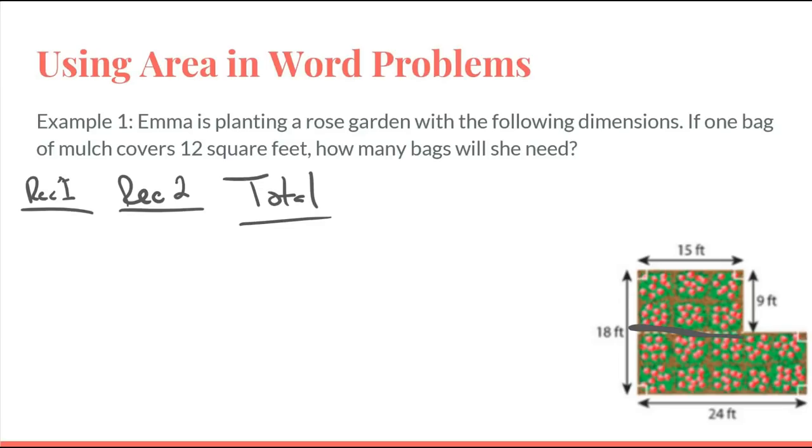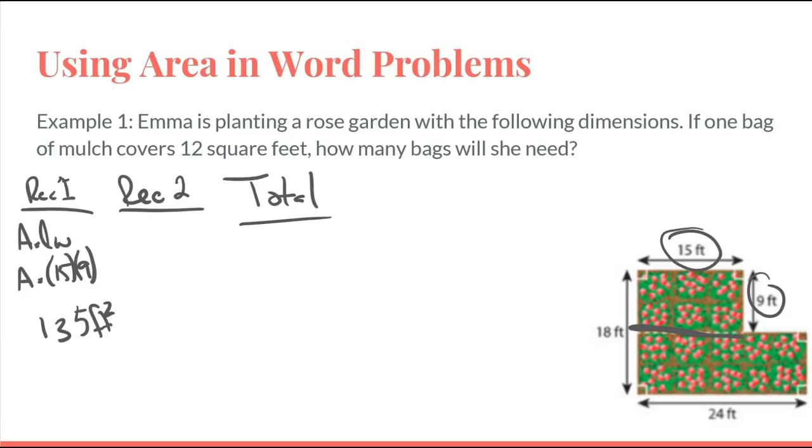So for rectangle 1, we have a length of 15 and a height of 9. So the length is 15, the width is 9, and then I have to do 15 multiplied by 9, which is 135. And again, feet squared.